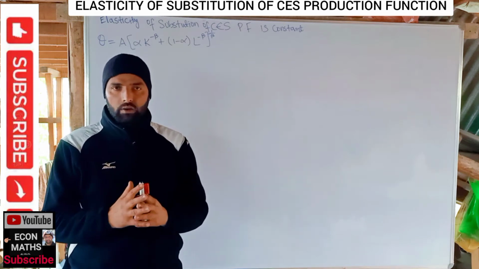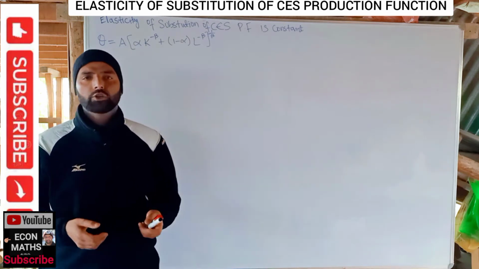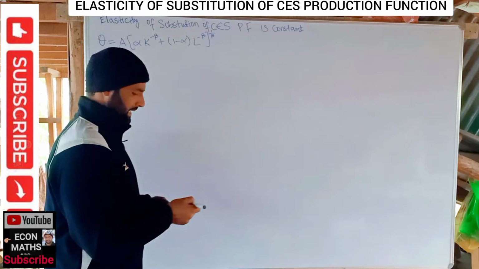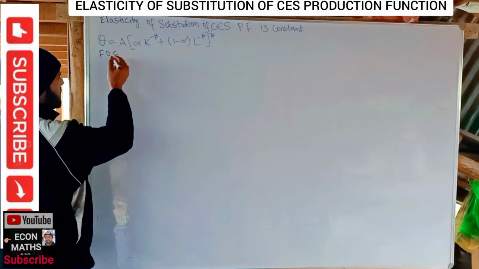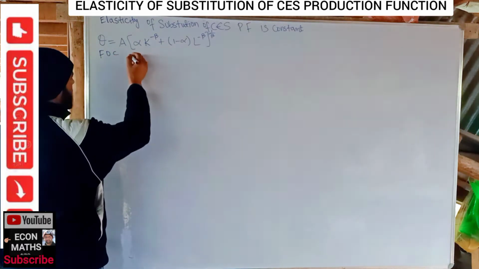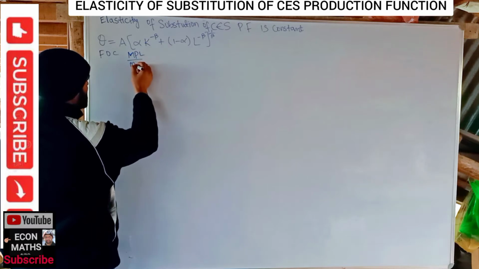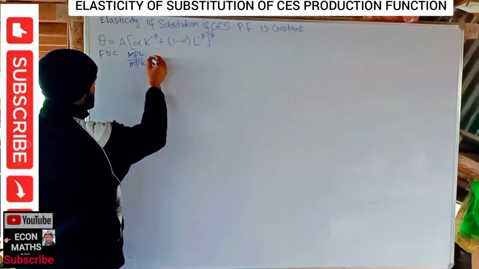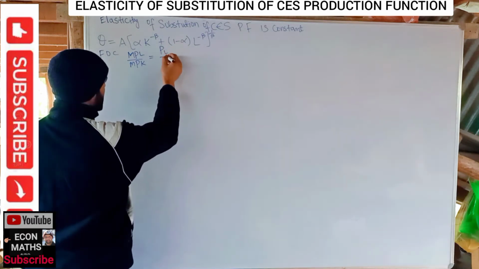First order condition requires that the ratio of the marginal products should be equal to the ratio of the input prices. That is, the marginal product of labor divided by the marginal product of capital should be equal to PL divided by PK.